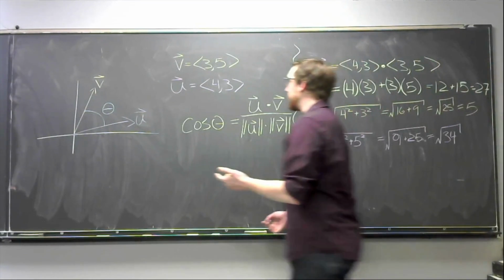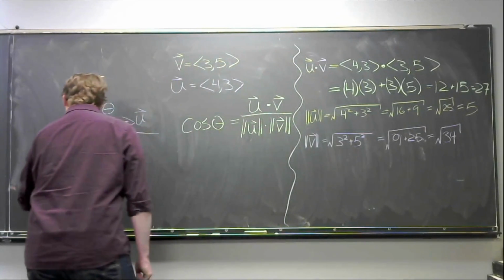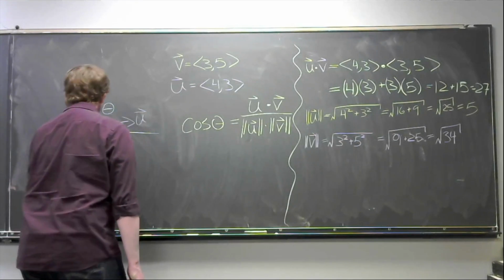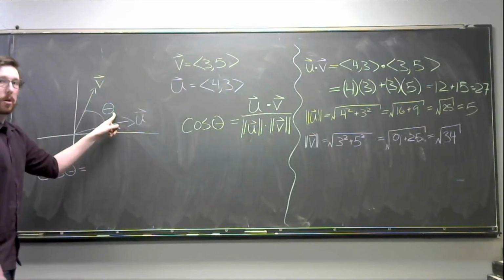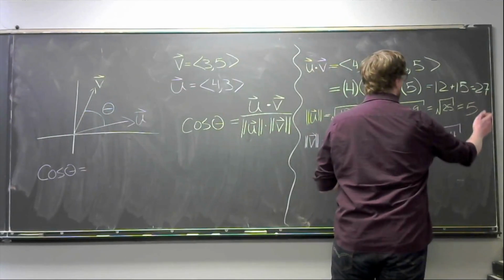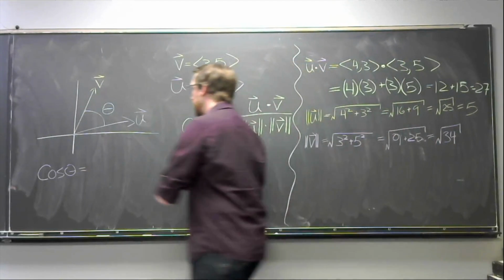So putting all of this together, we know then that the cosine of theta here is going to be equal to 27 divided by the quantity 5 times the square root of 34.